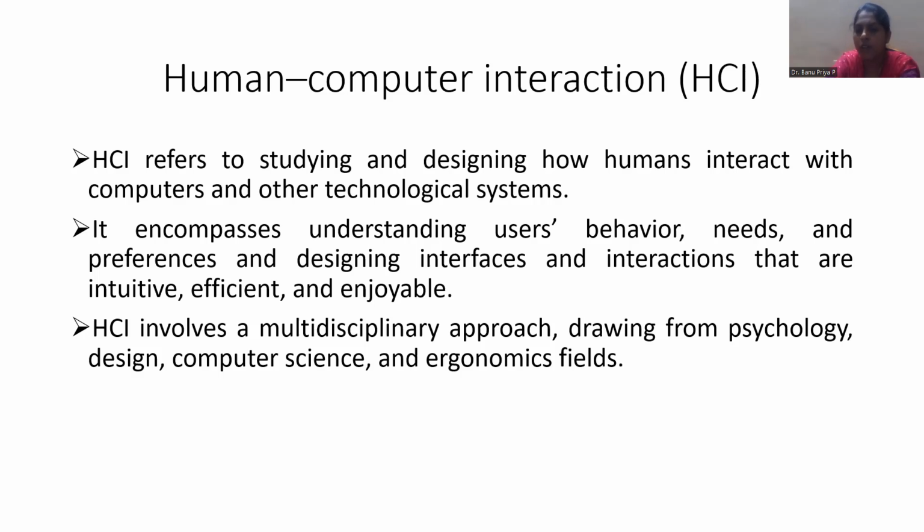Of course, yes, because HCI is involved from psychology. So what does a user want? If you are able to satisfy the need of the user, then automatically the user will intuitively enjoy it, and the communication between the user and the system will be efficient.